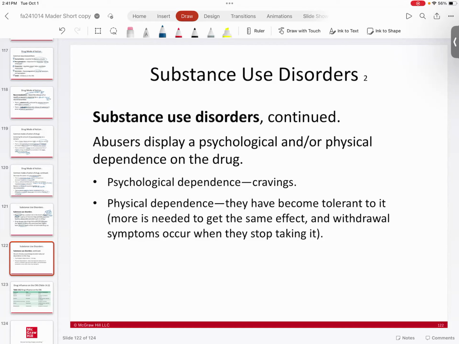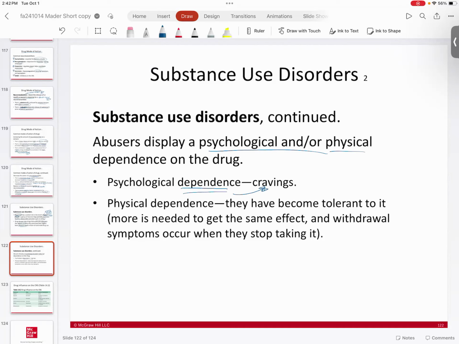Oftentimes, abusers will display psychological and or physical types of dependencies on drugs because of this. Your body's adapting to this increase in pleasure or to the physical dependence on a drug's effect. And so your psychological dependence will basically come across as cravings.